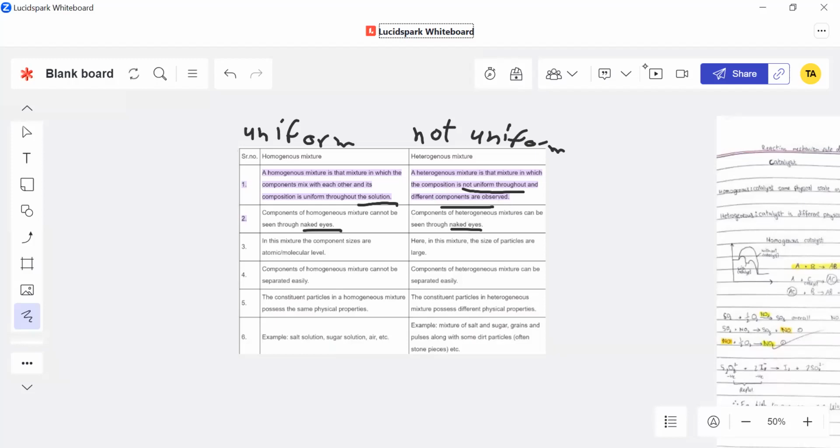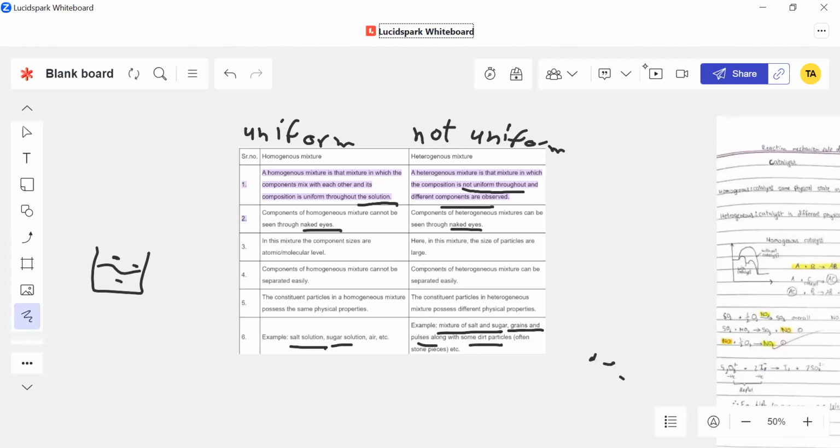What are the examples of homogeneous mixtures? Well, salt solution or sugar solution. So when you take water and you mix sugar in it, can you see the sugar molecules when it's completely mixed? You can't, because the sugar is completely dissolved in the water. Whereas heterogeneous mixture is mixture of salt and sugar, or grains and pulses along with some dirt particles.